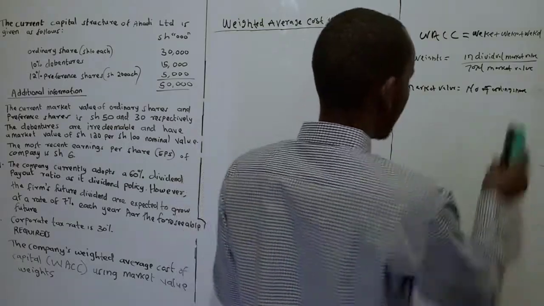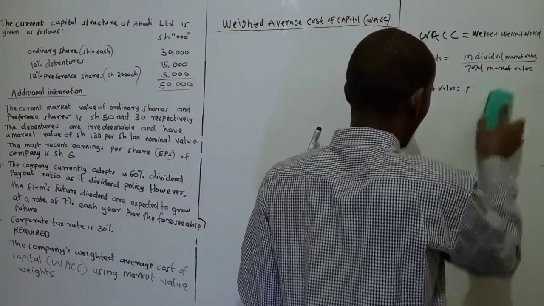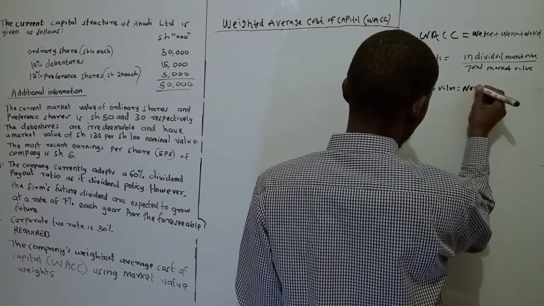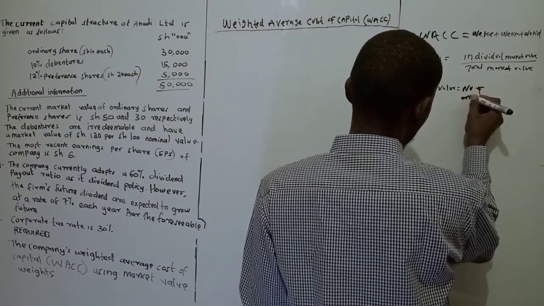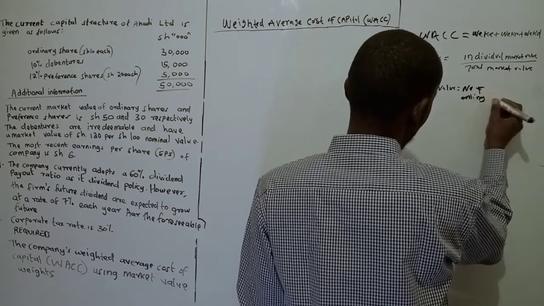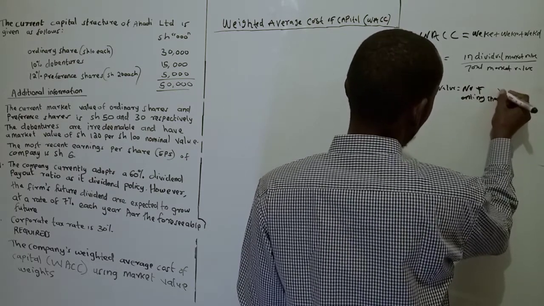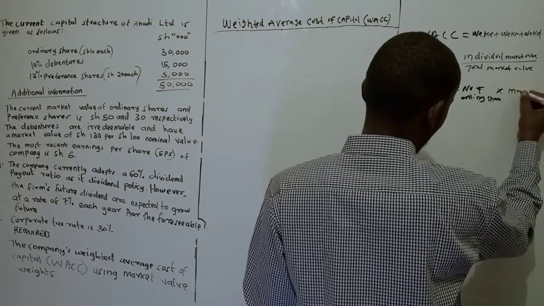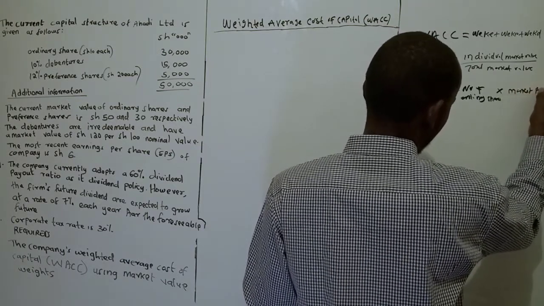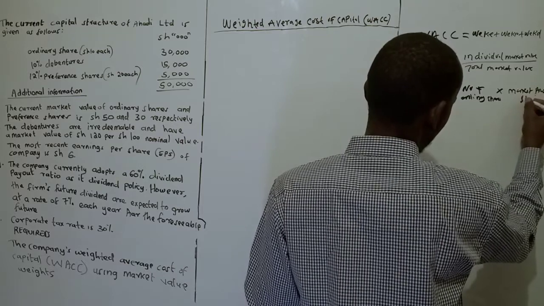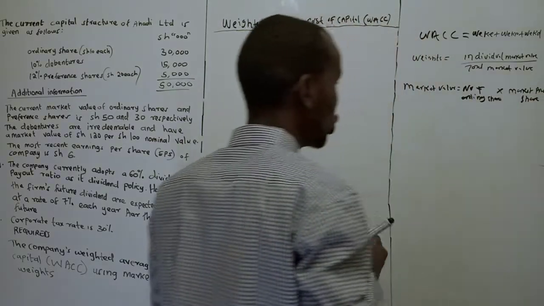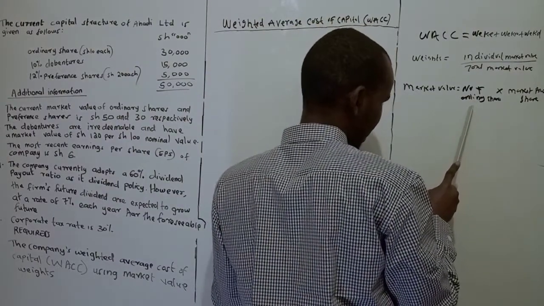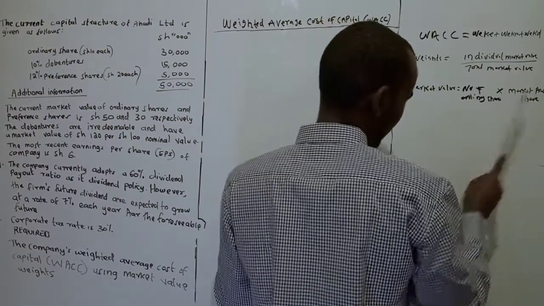Because of space, let me shorten it: number of ordinary shares multiplied by the market price per share.